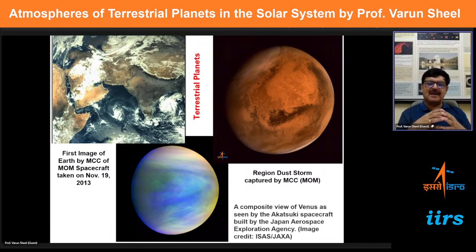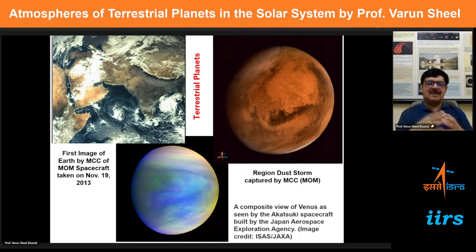on the terrestrial planets. And what you can see here, I've shown you certain images from the three planets. The terrestrial planets comprise Venus, Earth, and Mars, because they are rocky planets and they have similarities in some aspects. The first two pictures were interestingly taken by the camera of our own Indian Mars mission, the Mars Orbiter Mission.